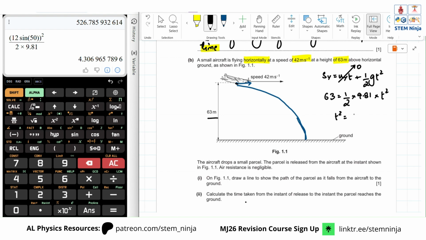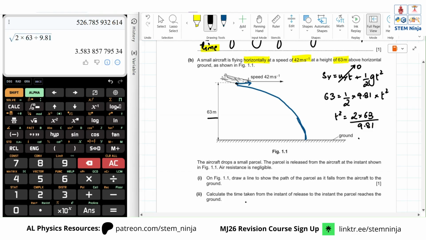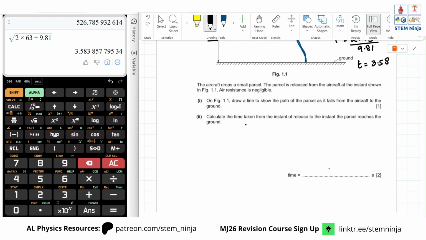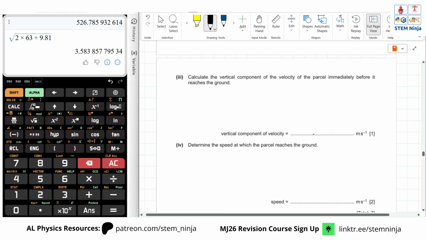So t squared would be 2 times 63 divided by 9.81, so t would be the square root of 2 times 63 divided by 9.81. This is 3.58. To two significant figures, this would be 3.6. This is where you will actually write the working, but I was writing it that way.